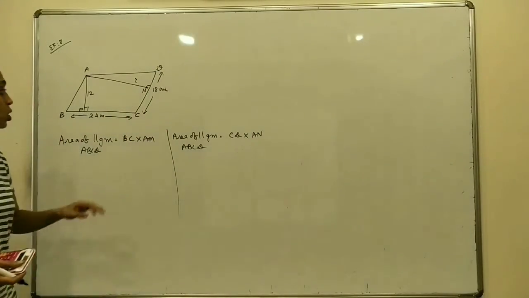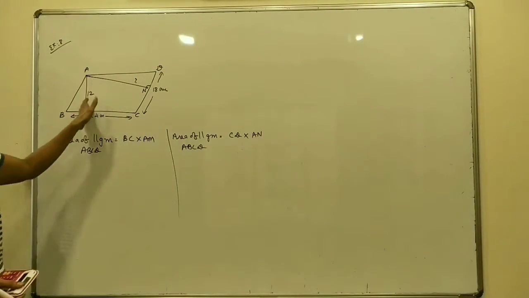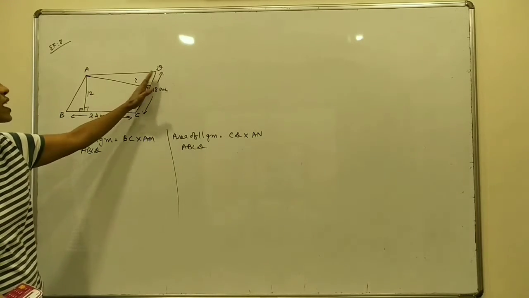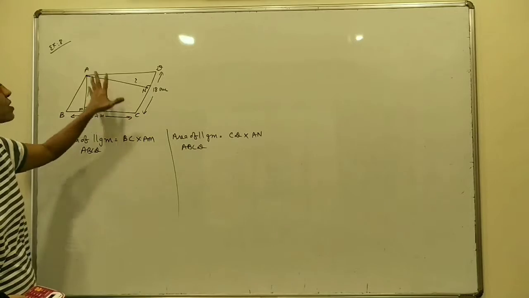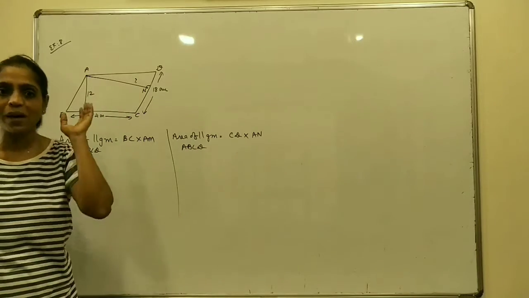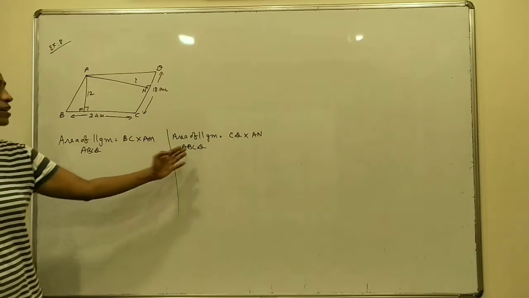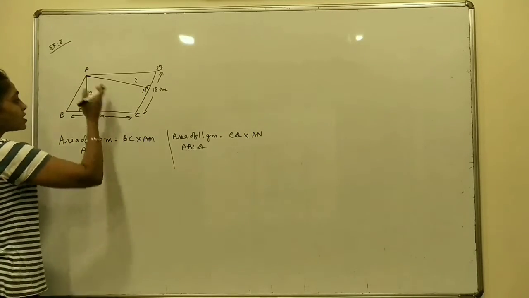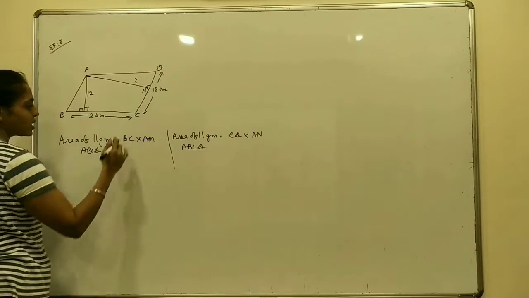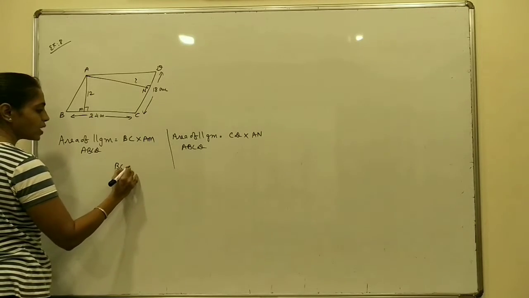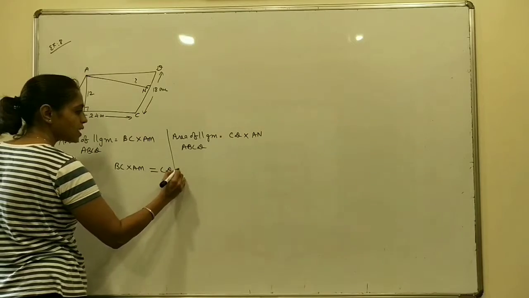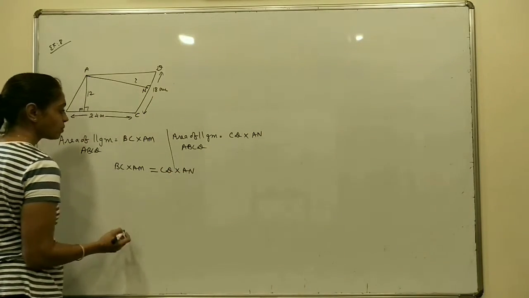Got it? If I take this base, then I get this height, and still I get the area of the same parallelogram. Hence, base into height equal to base into height. BC into AM equal to CD into AN.